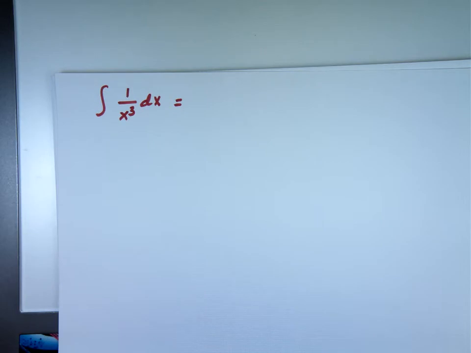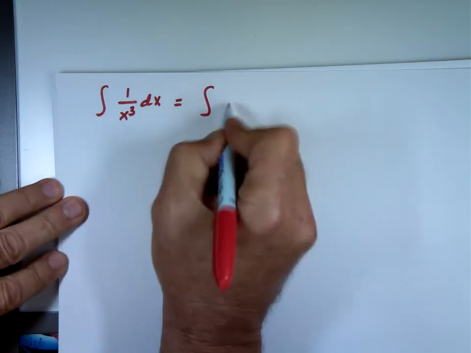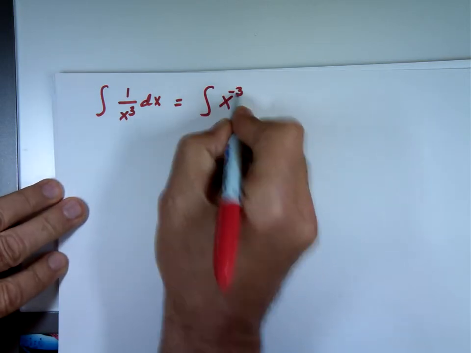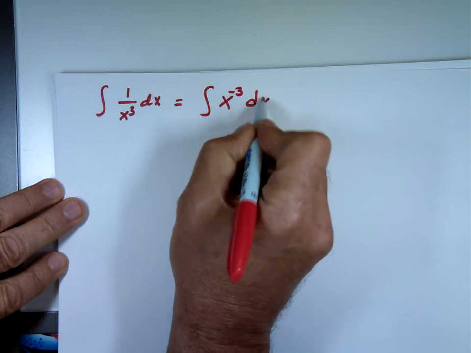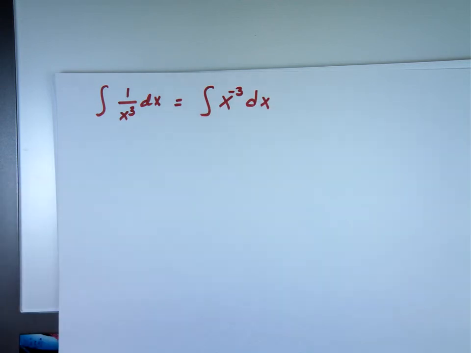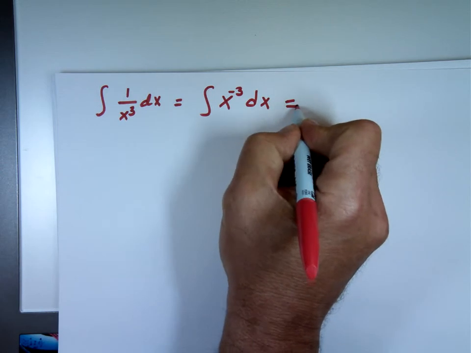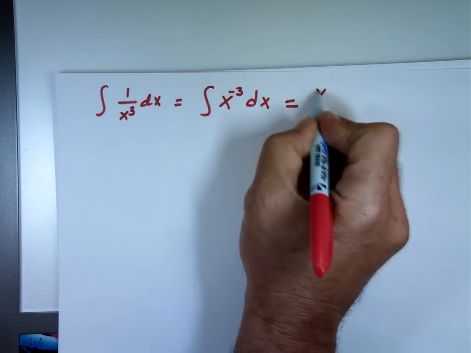Can we write 1 over x cubed as x to a negative power? Absolutely. Can you write that as x to the minus 3 dx? Sure I can. Add 1 to the power and divide by the new power. That's the rule. Add 1 to the power and divide by the new power. When you add 1 to the power, that's what?